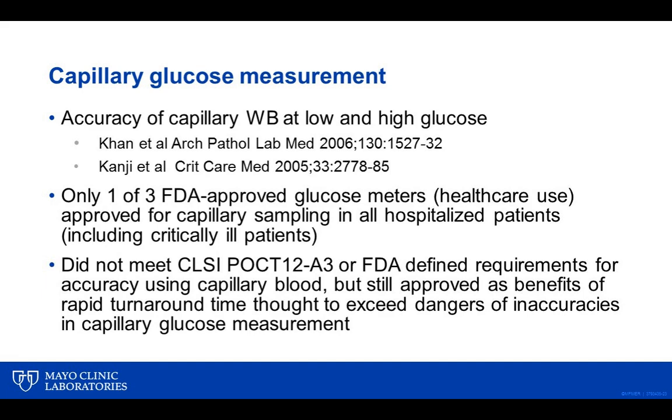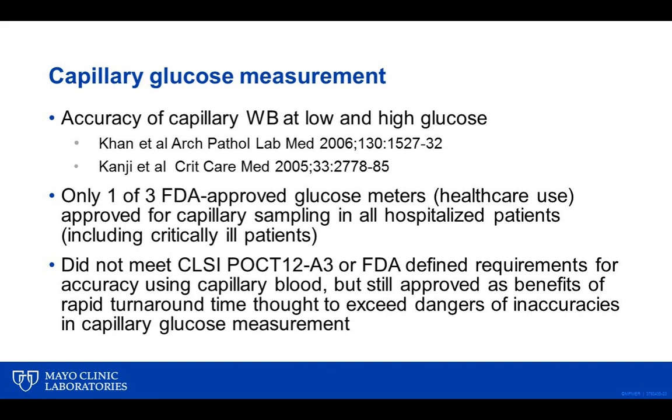There are a number of publications showing that the accuracy of capillary blood at very low and high values is problematic in patients who have poor perfusion who are critically ill. There are 3 glucose meter devices approved for use in hospitals in the U.S. Only one of those 3 has had the FDA say it's okay to use that meter in capillary blood in critically ill patients.